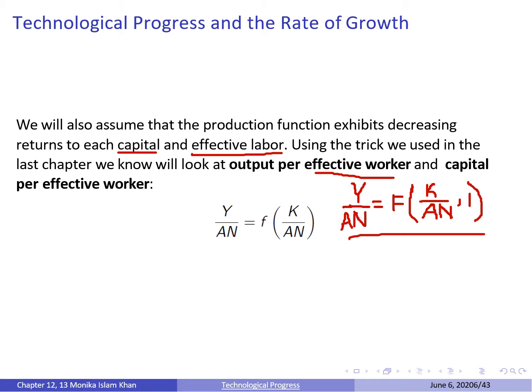Looking at this function, we can say that output per effective worker depends on capital per effective worker. In other words, output per effective worker is a function of capital per effective worker, which can be shown by this equation.